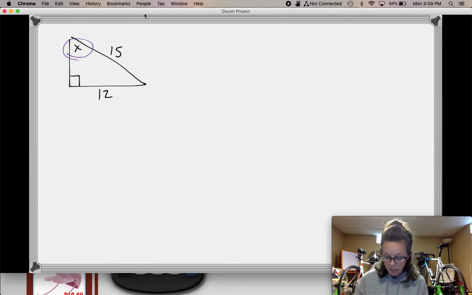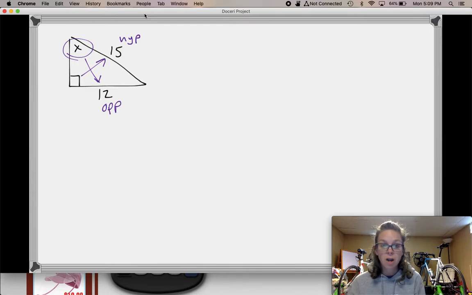We're going to label the sides of the triangle. 15 is across from the right angle. That makes it the hypotenuse. And 12 is opposite of the x. So that's our opposite side. So when we think about SOHCAHTOA, or Oscar had a heap of apples, or whatever other sentence you've come up with, we want to choose opposite and hypotenuse.